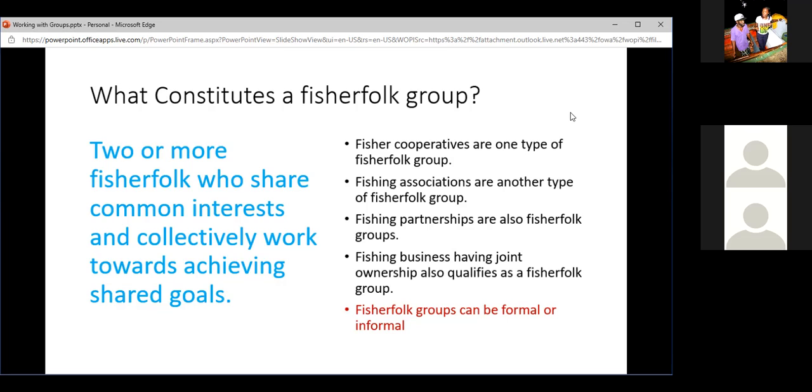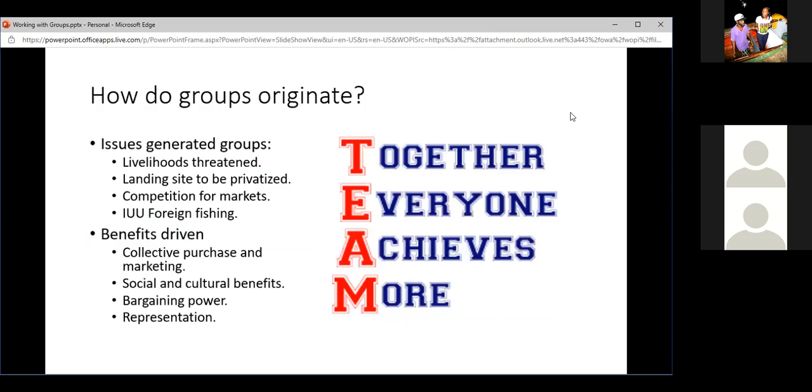It's also important to recognize that a fisherfolk group, like any other group, can be either formal or informal. We have groups that are registered with a regulatory body, and we have some that are not so formal, but they still operate to achieve the goal and common interest that the individuals came together to achieve.